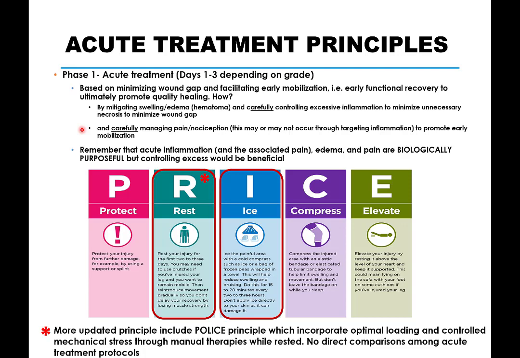So the dilemma here is that we want to reduce this hyperalgesia so we can add some mechanical stress to the muscle to facilitate early functional recovery, to promote quality healing and optimal late functional recovery. But at the same time, we don't want to mitigate the pain to the extent where we are not receiving the necessary feedback to control the amount of mechanical stress to the muscle.